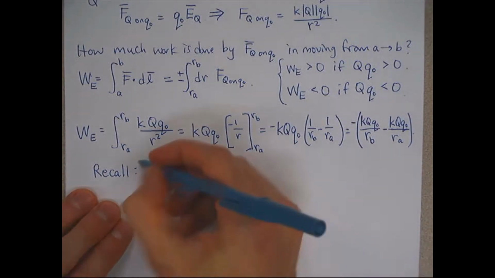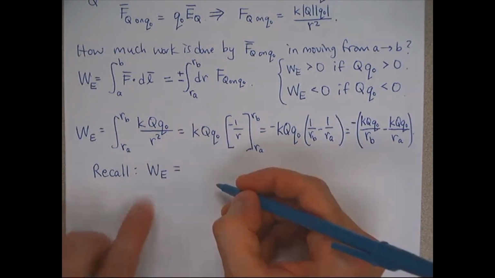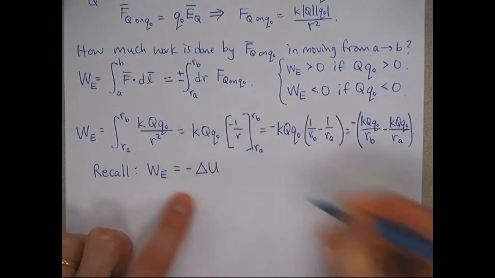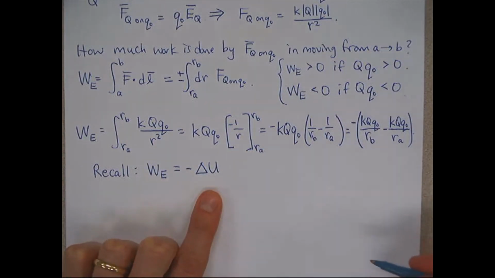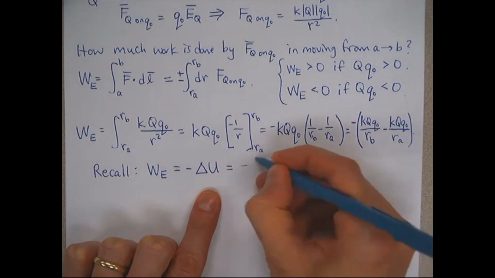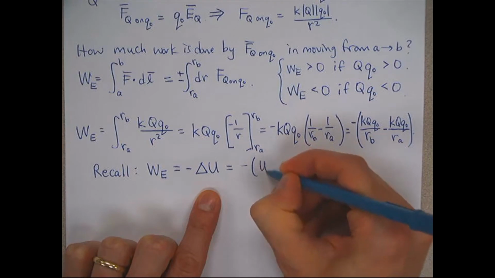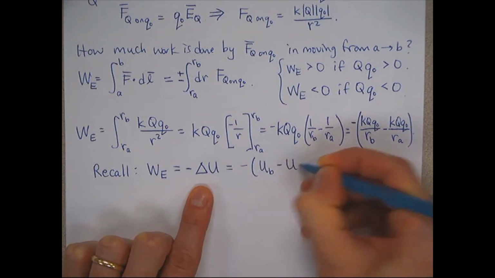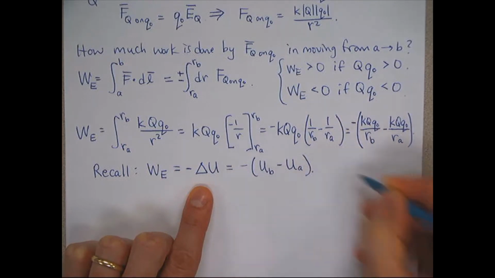You had to think about the work energy theorem. The work done by the electric force is the negative change in electric potential energy. We saw that. You could write that as negative quantity final potential energy minus initial potential energy.